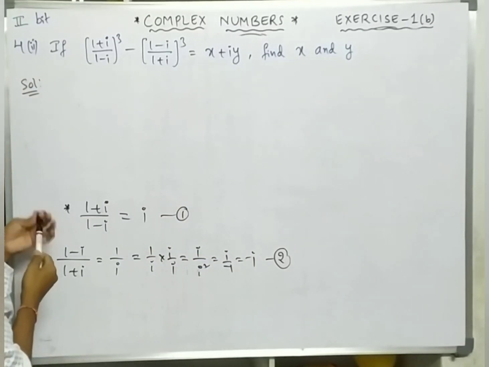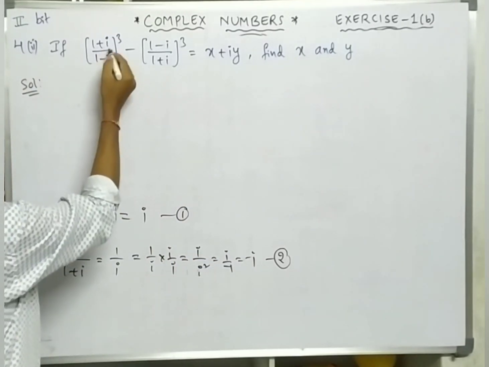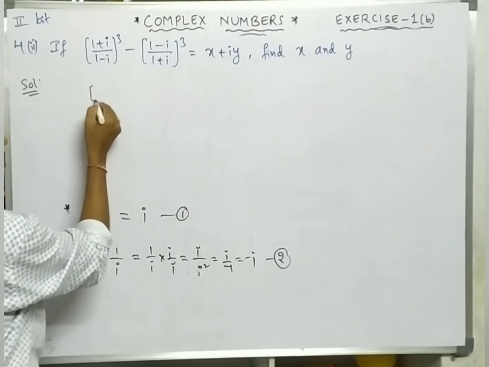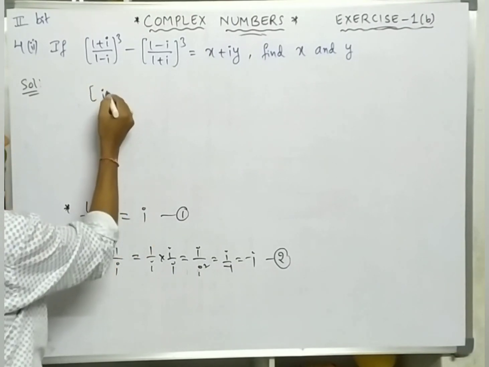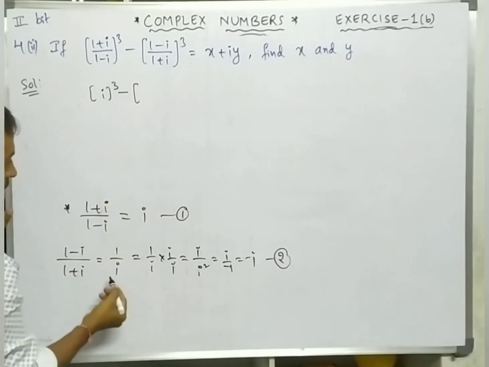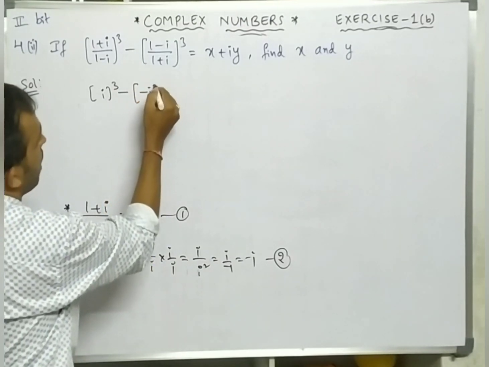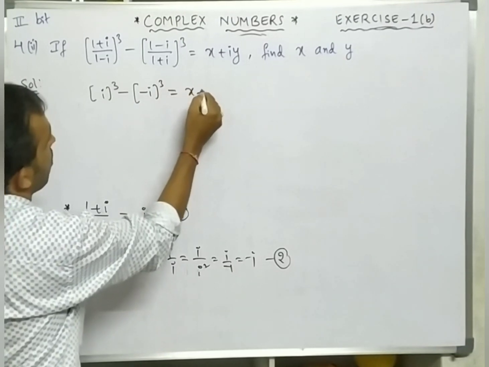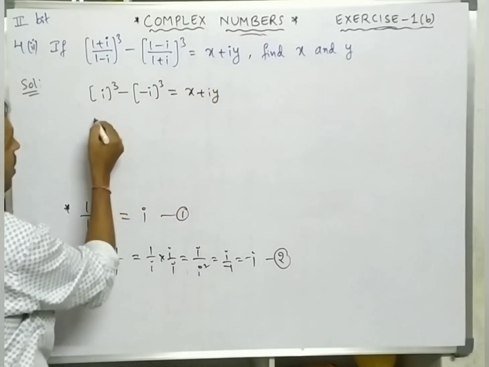Now take this expression: [(1 + i)/(1 - i)]³, that means i³, minus [(1 - i)/(1 + i)]³, that is (-i)³, is equal to x + iy.